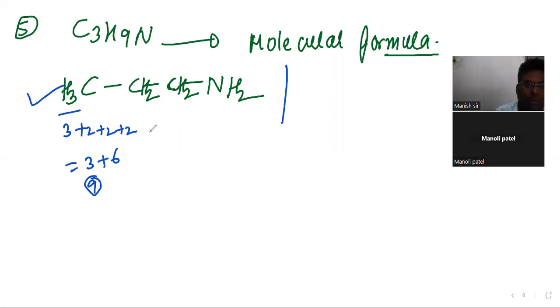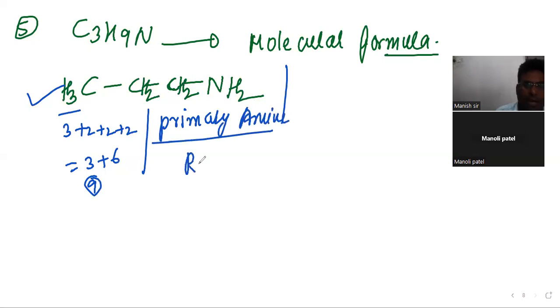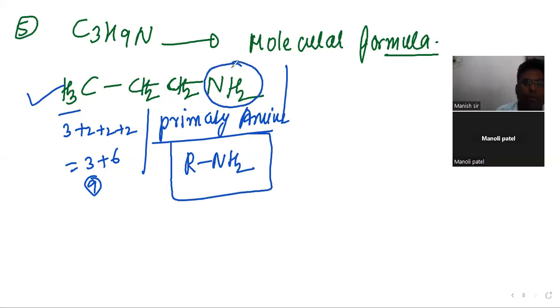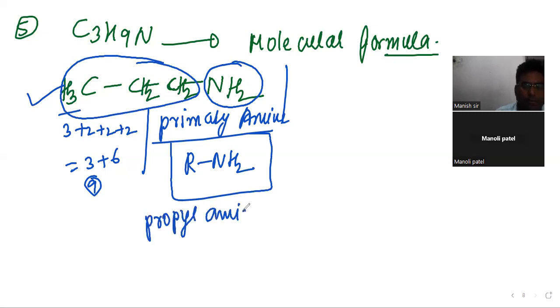This is the correct structure, and it is a primary amine. How does a primary amine look? Its general formula is RNH2. For a primary amine, the NH2 group will be at the extreme position, and this is the alkyl group, propyl. So it is propylamine. Now you can draw the secondary amine also.